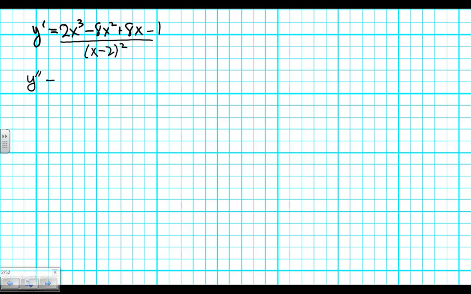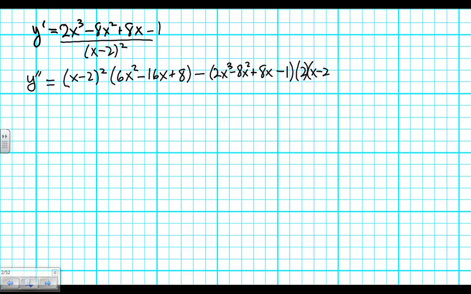Bottom times the derivative of the top, 6x squared minus 16x plus 8, minus the top times the derivative of the bottom, and that's all over x minus 2 to the fourth.